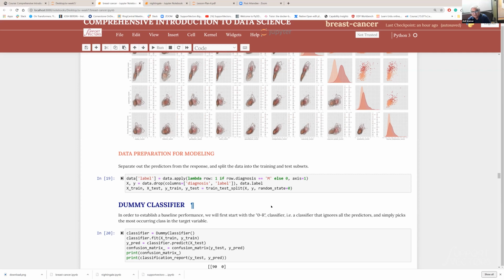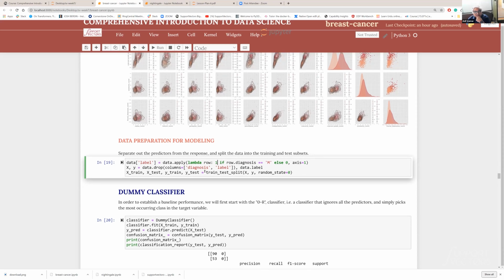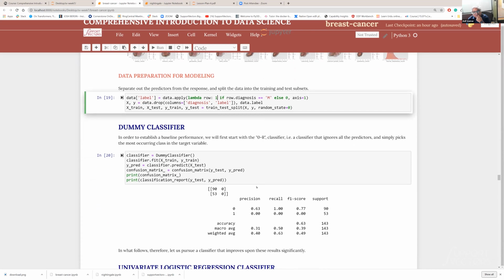So instead of benign and M, I just found it easier to follow the Yellowbrick convention. So 1 for malignant means the positive case, and 0 for the benign, the negative case. So it's just a data target variable change.